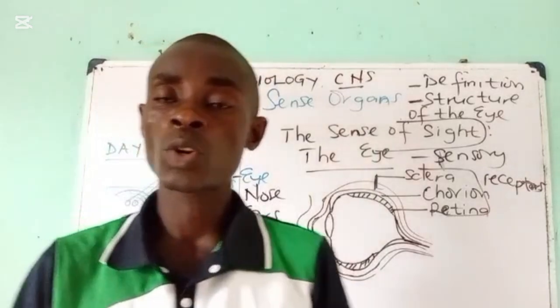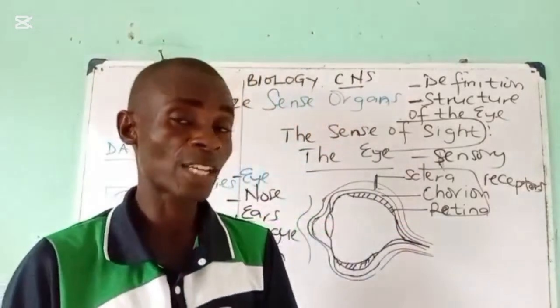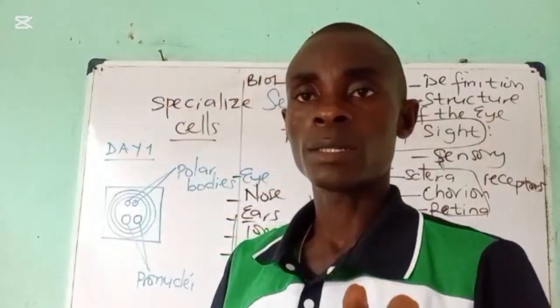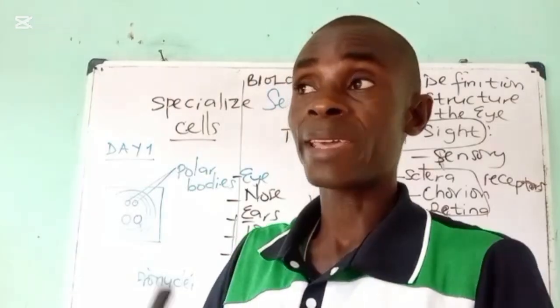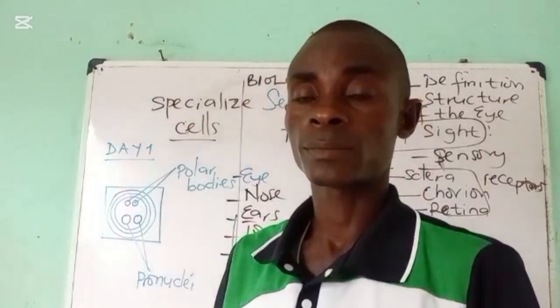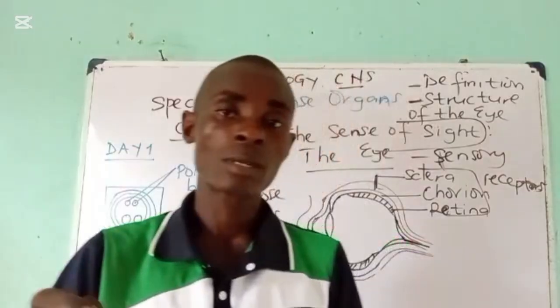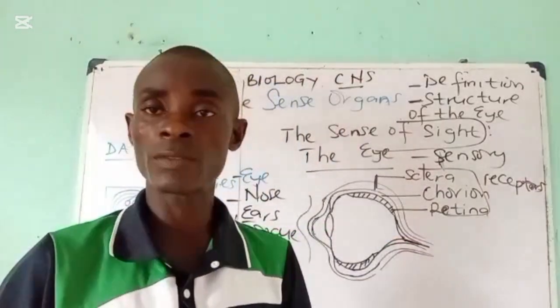I said a sense organ is a group of specialized cells that detect stimulus from the environment and transmit or pass the stimulus to the central nervous system.